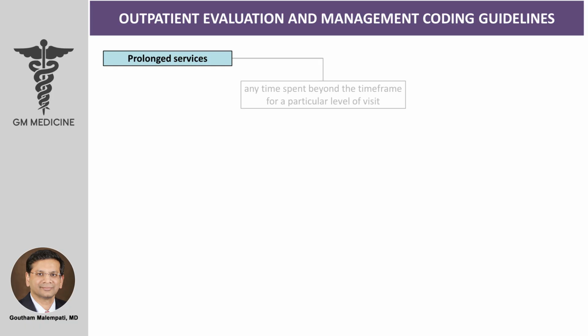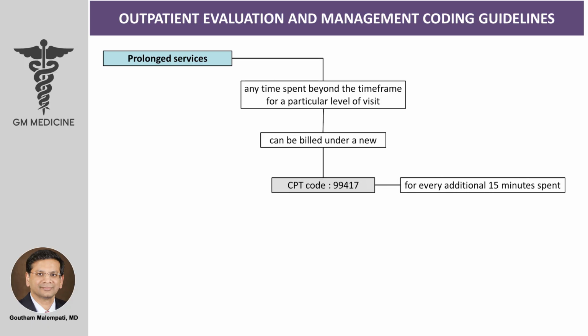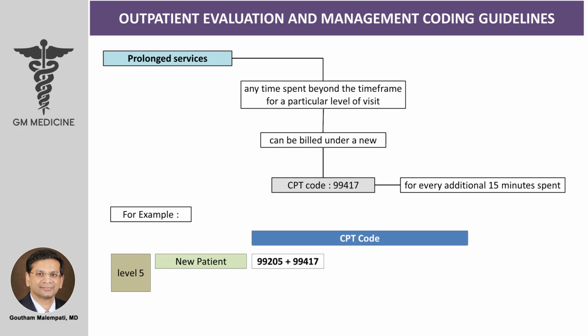Prolonged services. Any time spent beyond the time frame for a particular level of visit can be billed under a new CPT code, 99417, for every additional 15 minutes spent. For example, a new patient level 5 visit can be billed as 99205 plus 99417 for every 15 minutes spent extra.